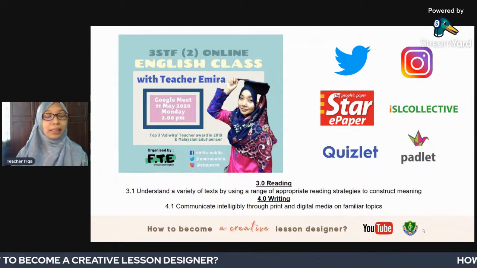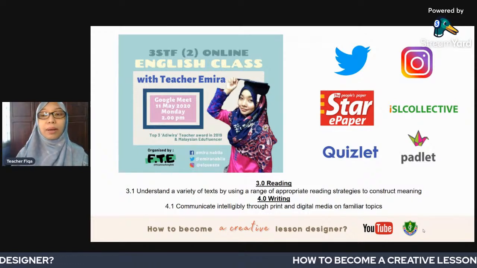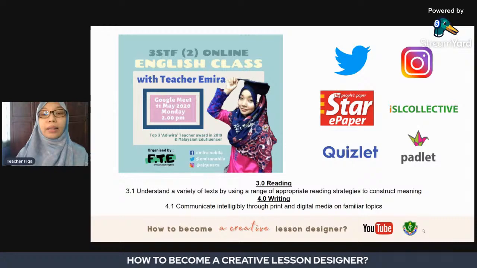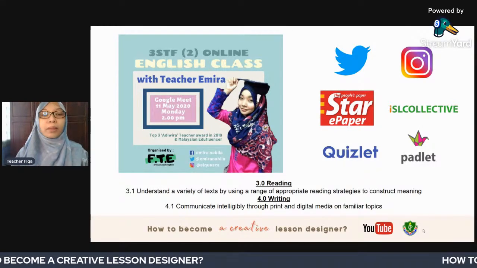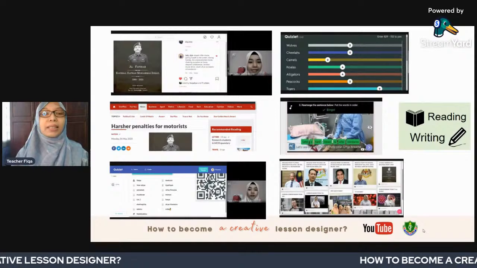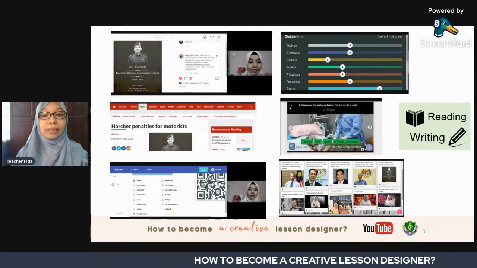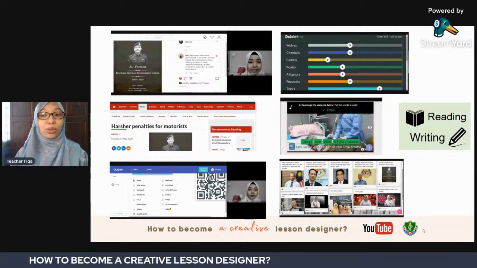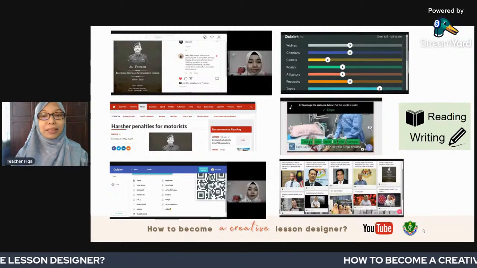In her lesson, as you can see on the screen, she used Twitter, Instagram, the online Star newspaper, ISL Collective website, Quizlet, and also Padlet. These are some of the pictures that we managed to screenshot, and the topic that we discussed during the lesson was related to COVID-19. And I do believe that my students really enjoyed being in Teacher Amira's class.